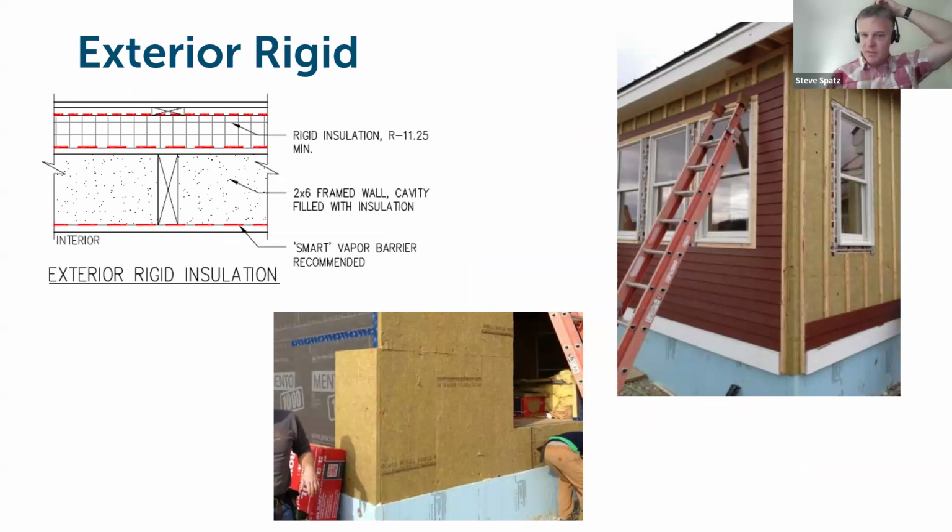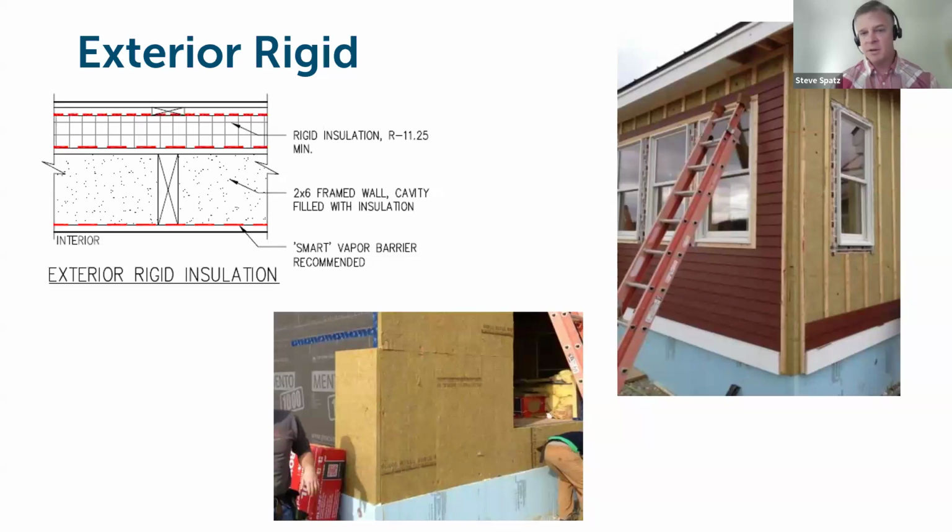And then the final option. There are other ways of doing continuous insulation. Obviously, these are not all of them, but I'm just sharing the most common approaches that we're seeing in the industry. But exterior continuous insulation, where you're framing your structural wall assembly, sheathing that wall assembly, and then putting insulation outboard of the sheathing layer.